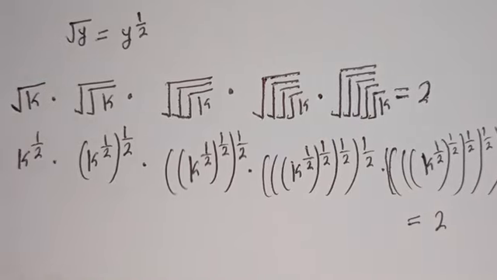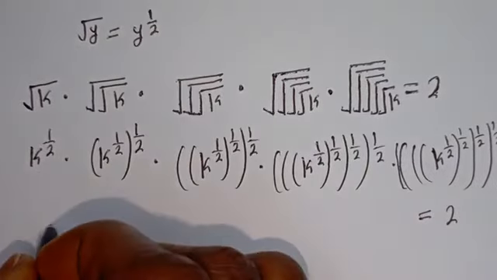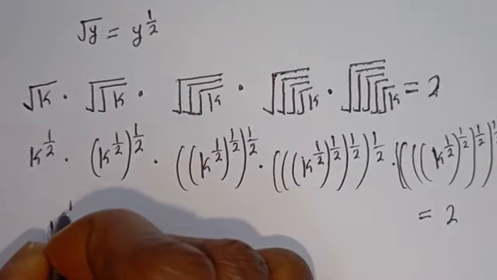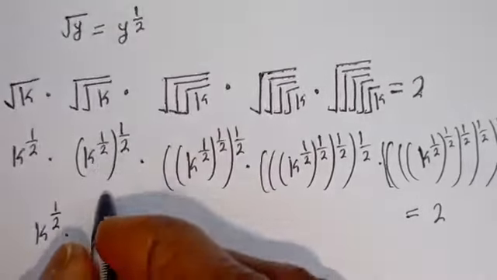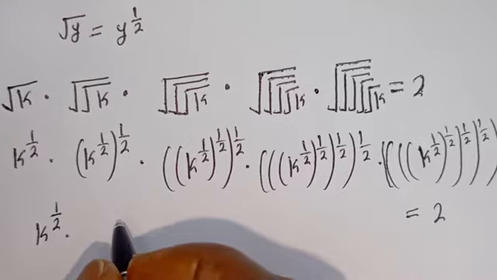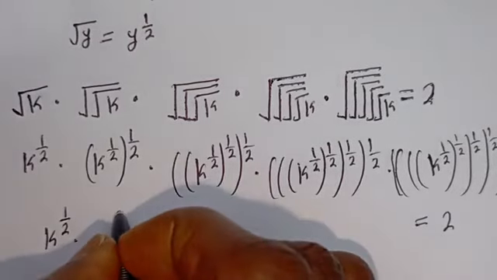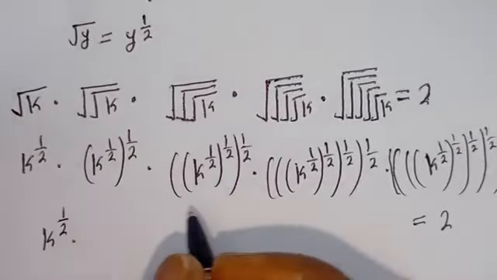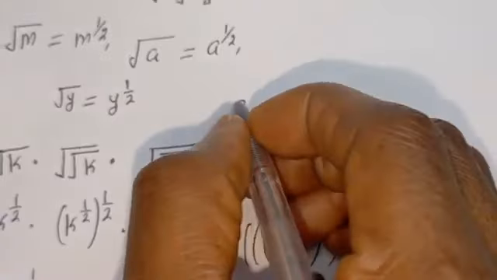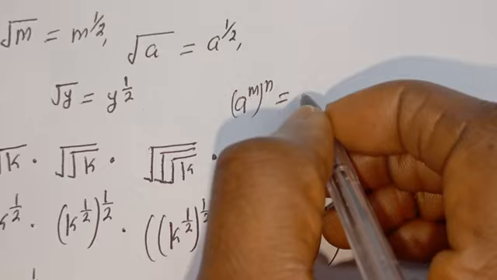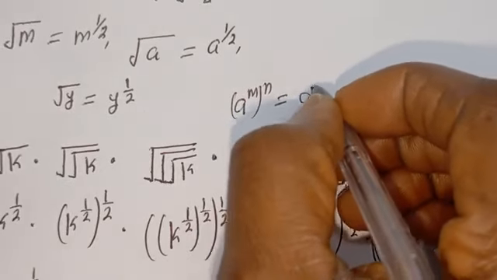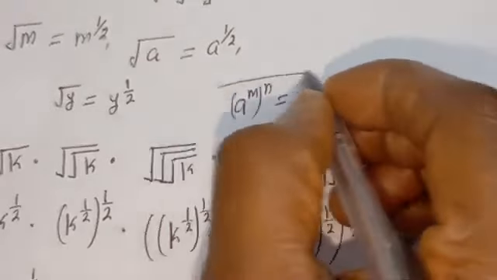Now let's see. The first k, here we have k to the power of 1 over 2 multiplied by the second one. Take note of this: if you have a to the power of m to the power of n, this is equal to a to the power of mn.